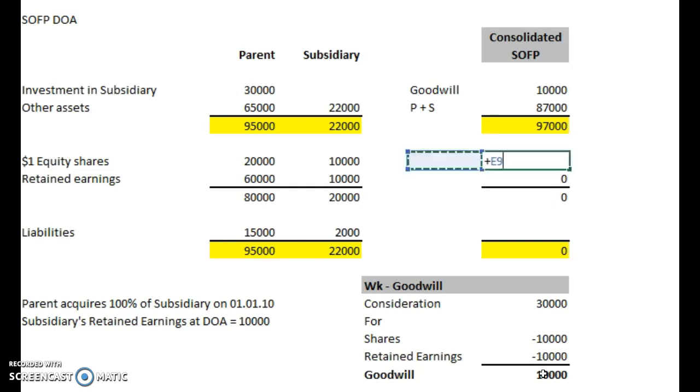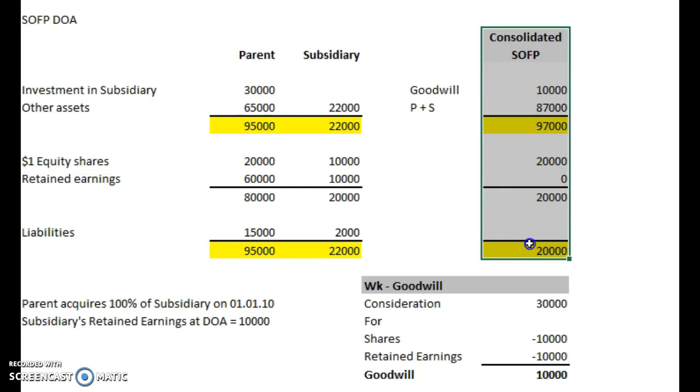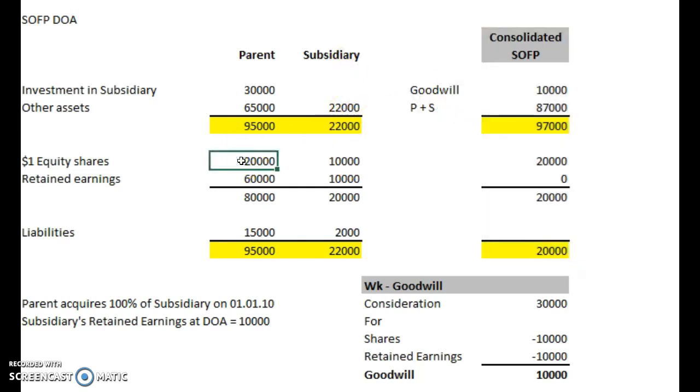The shares, we only ever do the parent, because who owns the group? It's not the owners of the subsidiary. The shareholders are the shareholders of the parent. So we just put in the parent's equity shares here. We ignore the subsidiary shares, so it's parent only. Retained earnings, well, we're at the date of acquisition, so we can just add the parent's retained earnings.